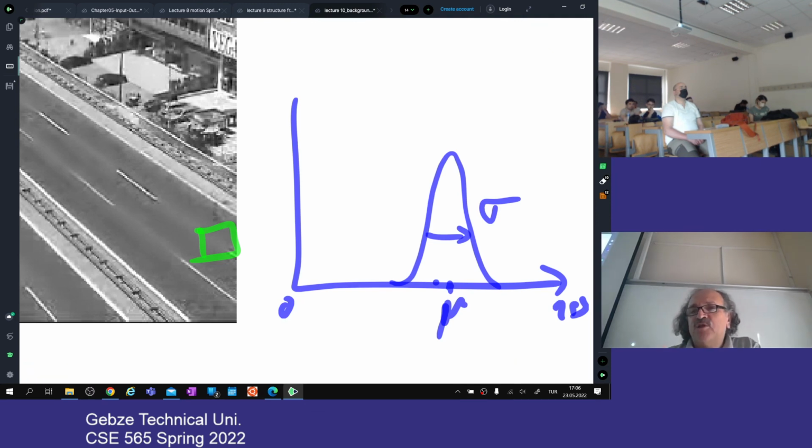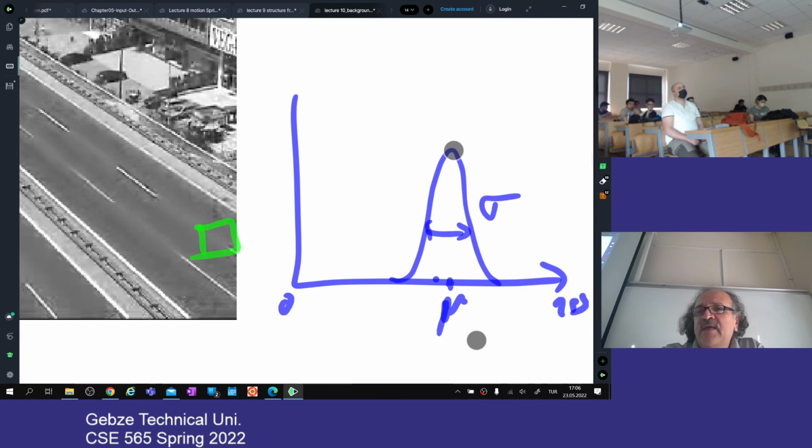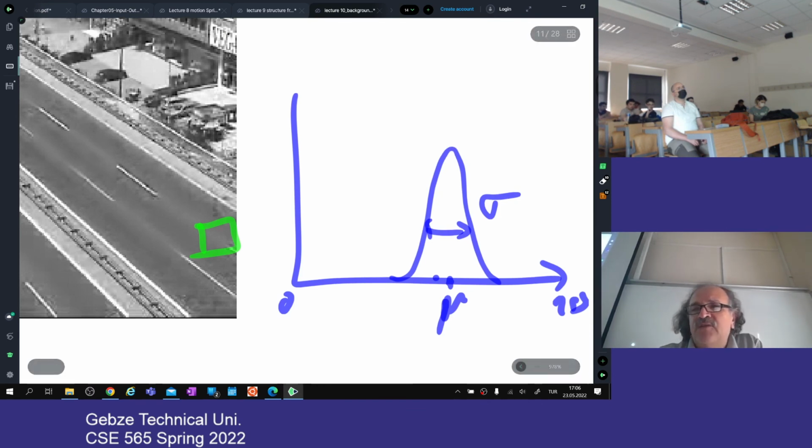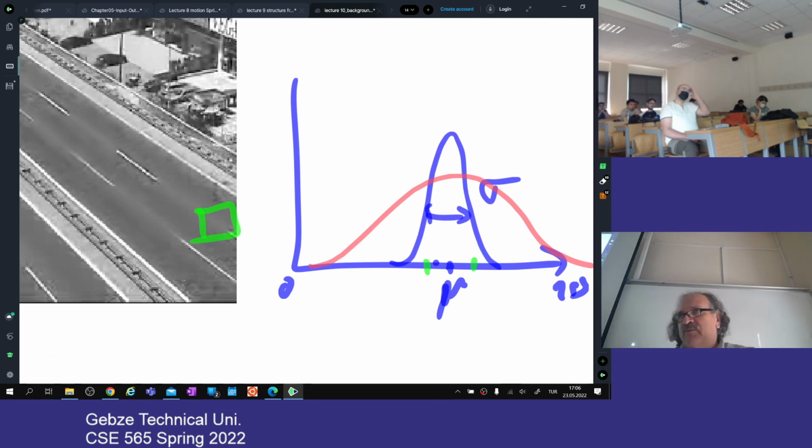You might say this is very useful. Why? Because you are expecting to see a pixel intensity around this mu, but you wouldn't be surprised if you get something around here or there, right? So this standard deviation is going to tell you what kind of things around me is expected. Maybe if you have a noisy camera and things are changing, you might have something like this. Same mu, but very large sigma value.